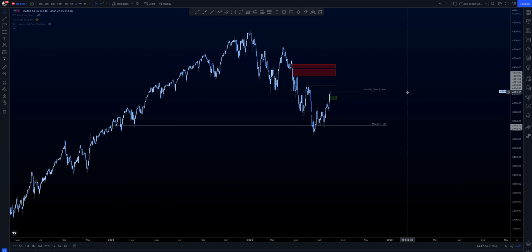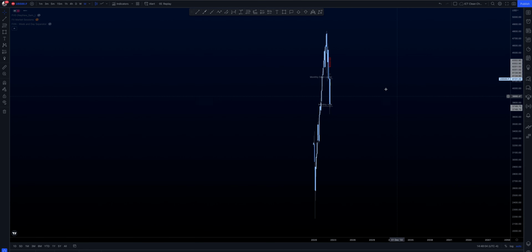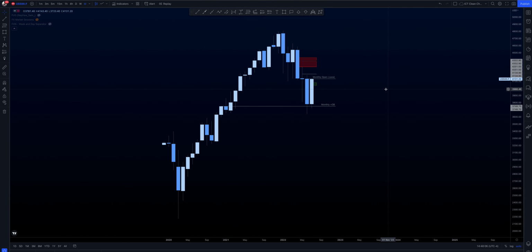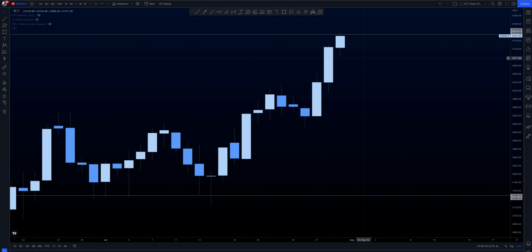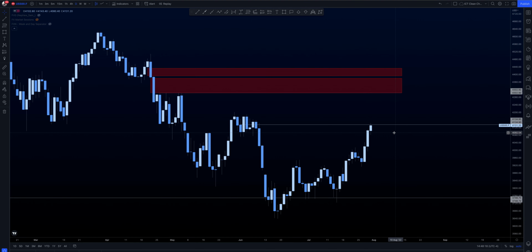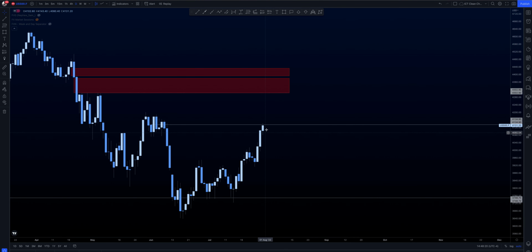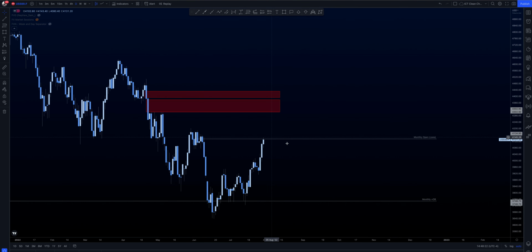So some of the points that I wanted to touch on regarding multi-time frame analysis, the tips, were when I was first starting out, I would have my key levels on the monthly time frame, just as I do here. So I'd have these drawn on, and then I would go down to, say, the daily time frame, the 4-hour time frame, and then I would think, right, okay, so that objective has been hit.